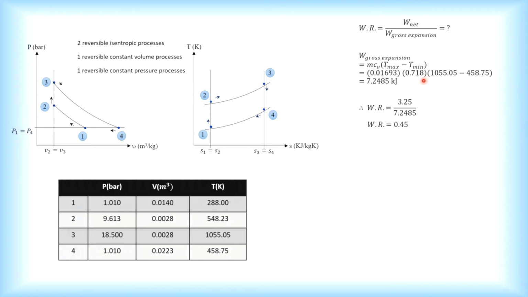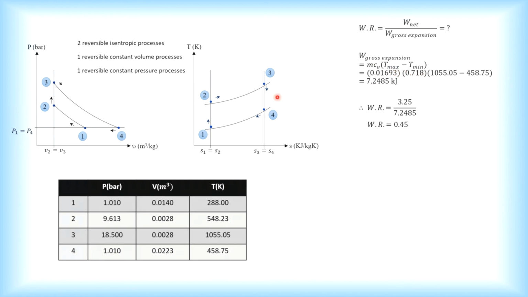You have to use the formulas: Cp equals gamma R over gamma minus 1, Cv equals R over gamma minus 1, gamma equals Cp over Cv, and R equals Cp minus Cv. Those four formulas find your Cp, Cv, and gamma. It's not shown here because I considered it as given. Sorry, so it's 0.718.